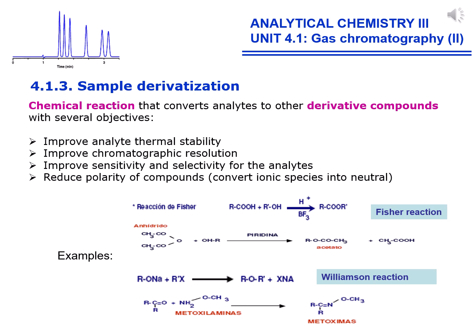This step of a chromatographic method can be performed before, after, or in the column itself. Some typical examples of derivatization reactions are esterification of carboxylic groups, known as Fischer reaction, acylation and alkylation, Williamson reaction, among others.